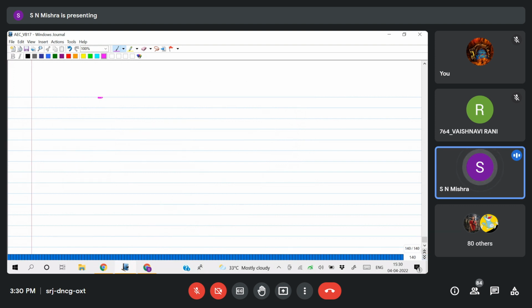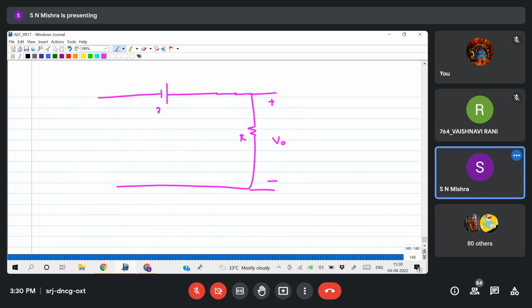Then you can find easily: 2 volt, diode will be short, resistor. Apply KVL: VI plus 2 minus V naught equals 0, so V naught equals VI plus 2. So V naught max equals 10 plus 2, that is 12 volt.